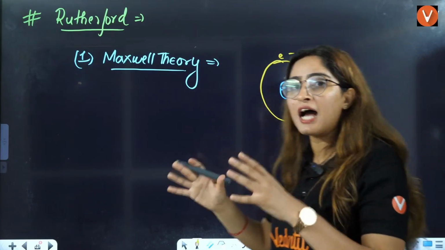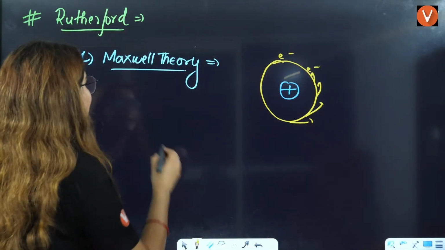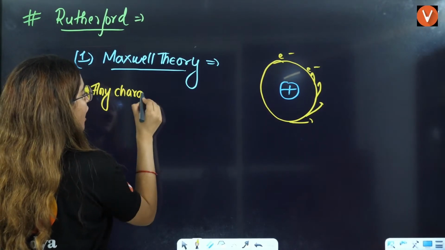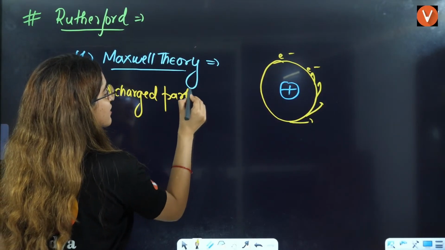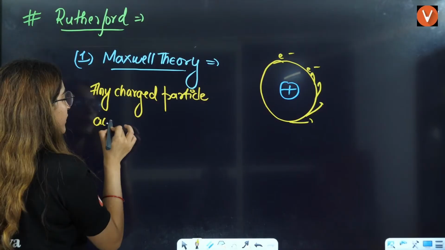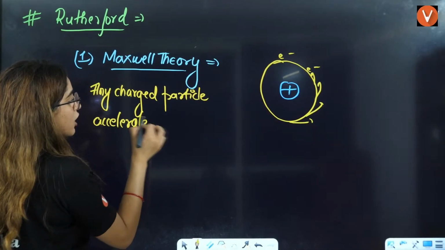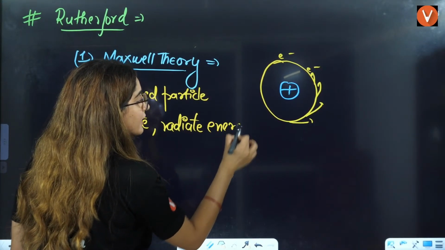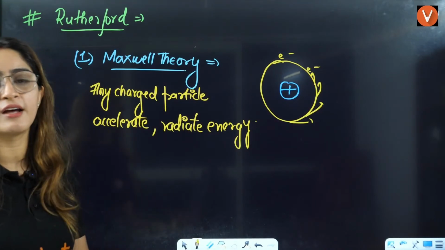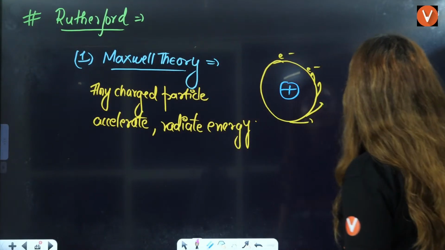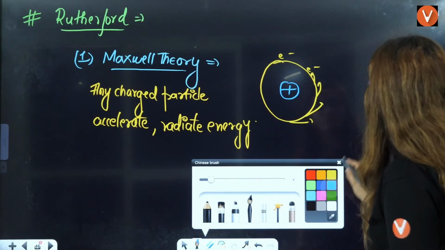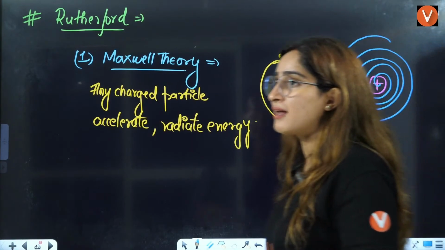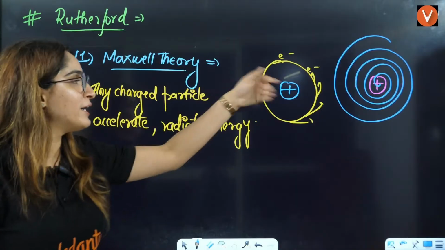Any charged particle which is accelerated will radiate energy, that means it will lose energy. It will radiate energy like this, and eventually in a spiral path it is going to fall into the nucleus.